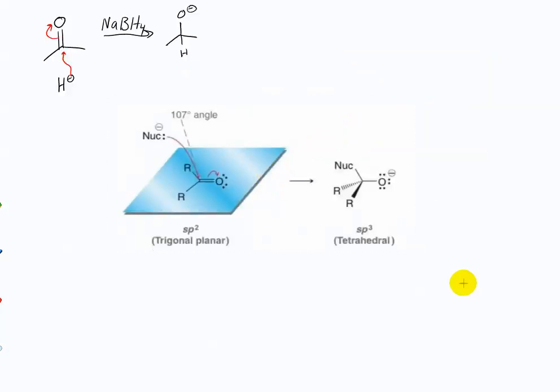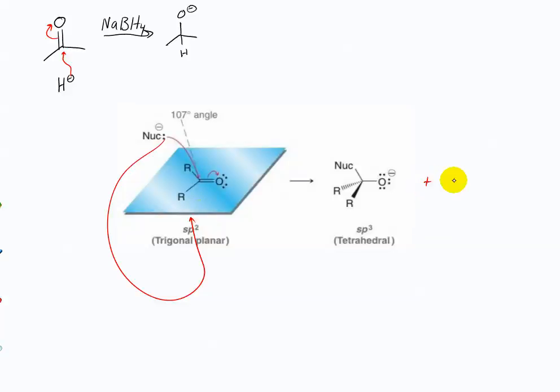So the nucleophile can come in from the top or from the bottom, because essentially this is a flat substrate. Now, when these R groups are very, very large and oriented in one particular way, sometimes you could imagine that you force a nucleophile to go to one side or the other. But in general, it's going to go both ways, and you're going to get a mixture of products.